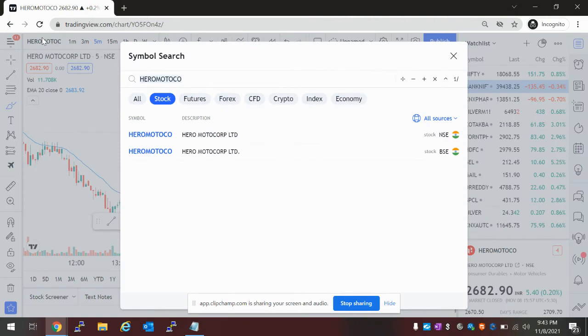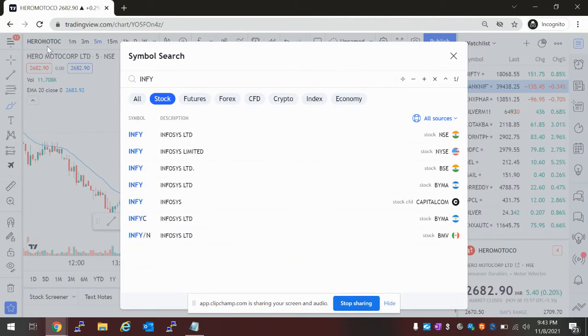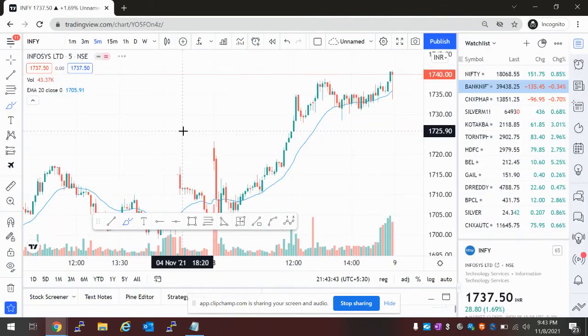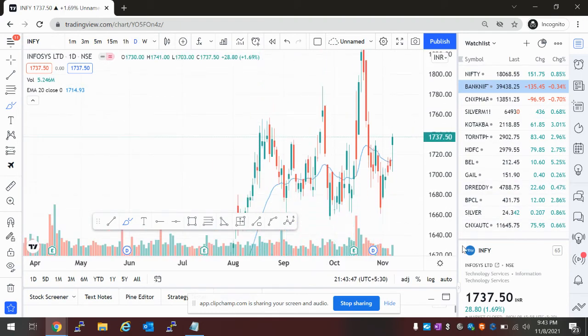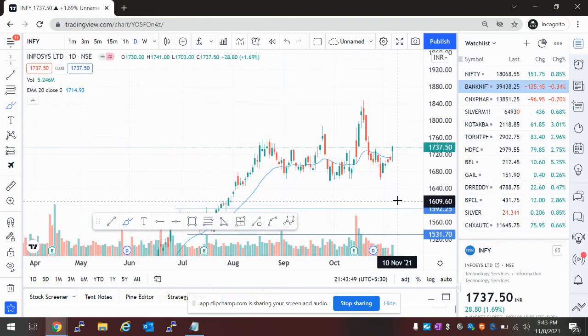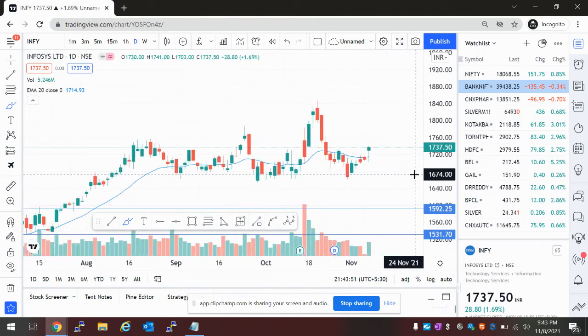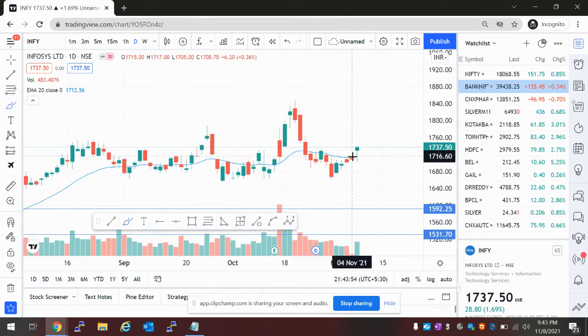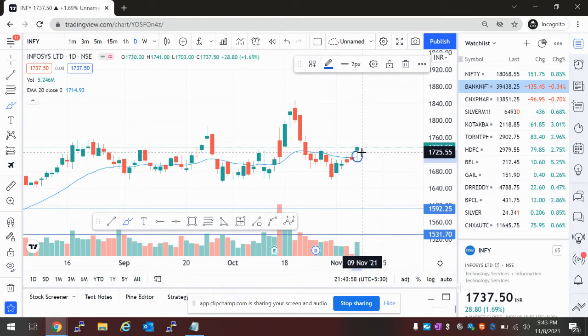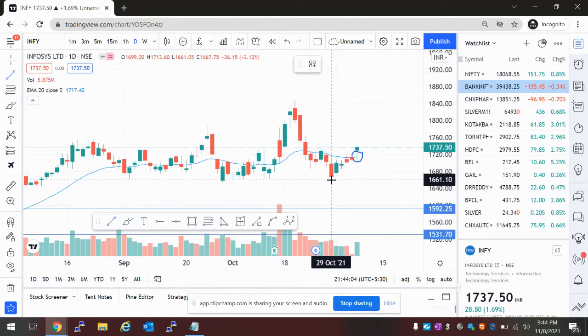And I'll go for Infy. Infy is in a good position also. If you go to the daily chart, see, here the price was rejected. The price is moving, and 1700 is now going to be a good support for Infy.